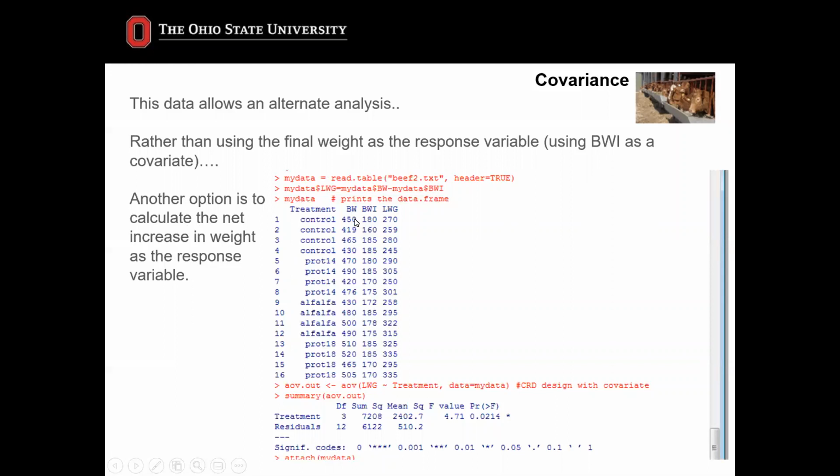That is to say, we have the body weight, which is the weight of the animals after 300 days on their respective feeds. We have the body weight initial, the starting weights. Since the experimental unit is 5 animals, it's the average weight of 5 animals in the experimental unit.